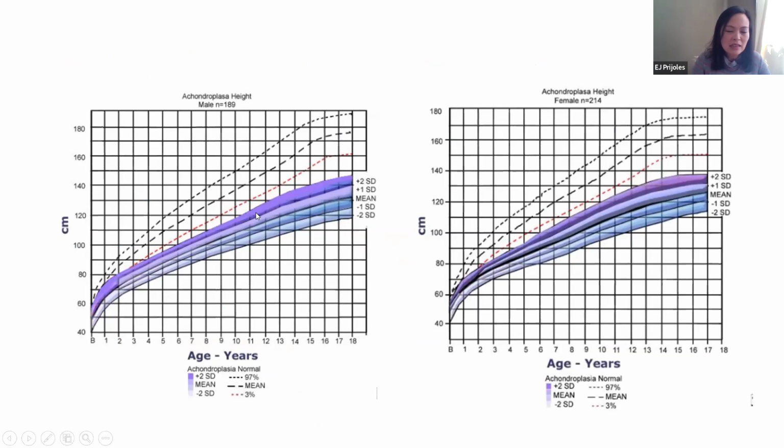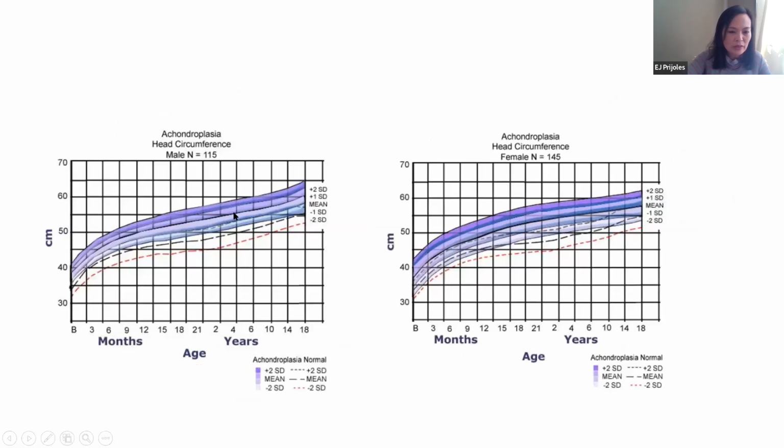As you can see, the colored areas are where individuals with achondroplasia would typically chart along for height and age. And also noted here with the macrocephaly, as you can see, individuals typically will have larger head sizes compared to the normal curve in the dotted lines, both for males and females.